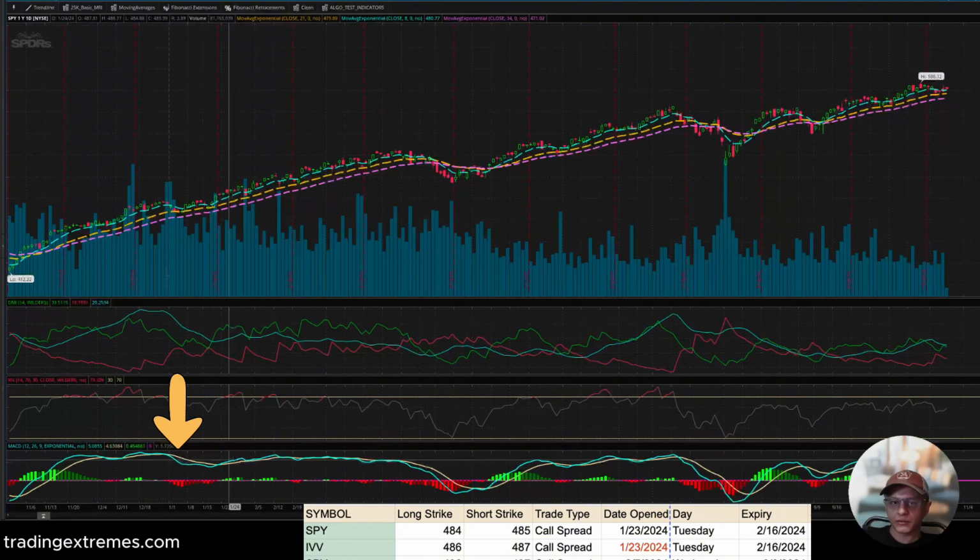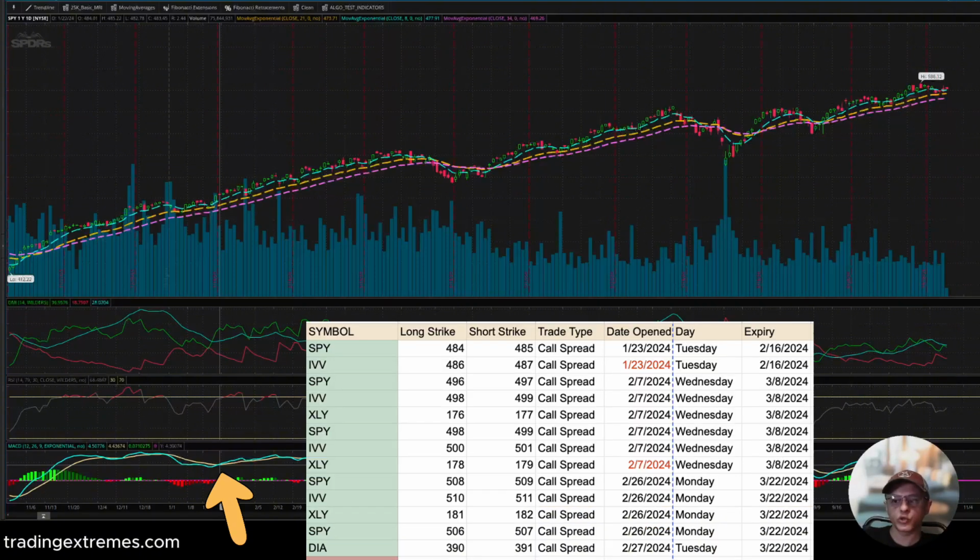If the blue line, the MACD line, is below the signal line, it stops trading. The blue line needs to be above the signal line for it to consider it a healthy trend. In this case, the blue line did drop from January 1st all the way to January 23rd, which caused the algo to stop trading. So basically it's doing what it's supposed to.